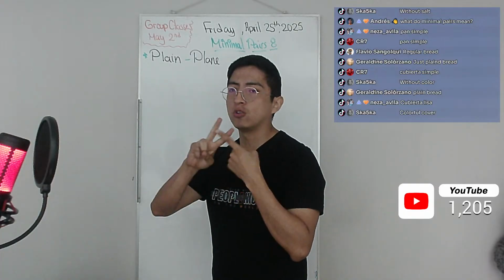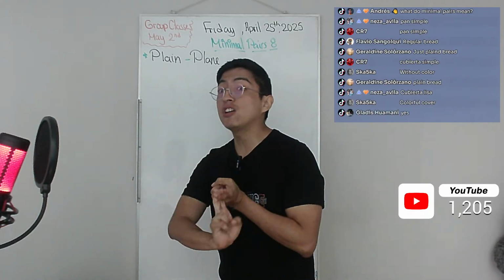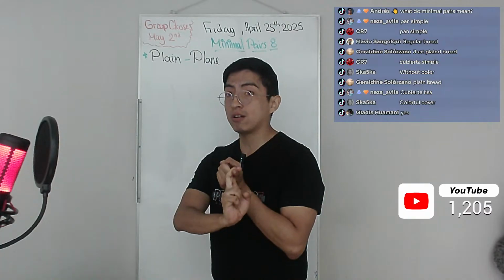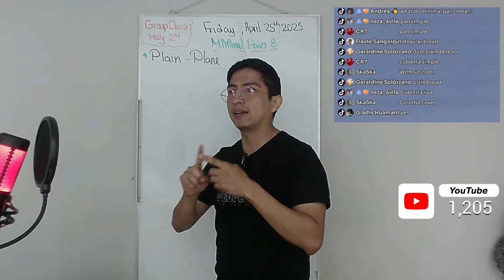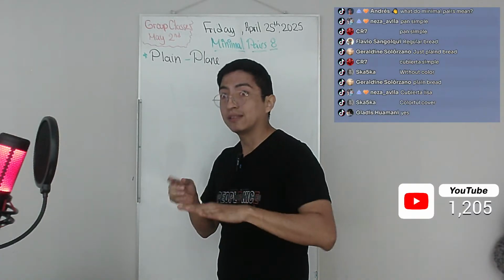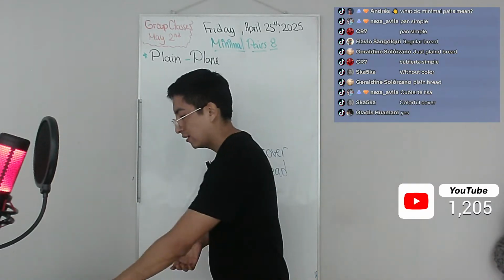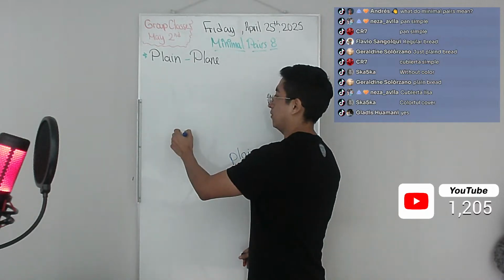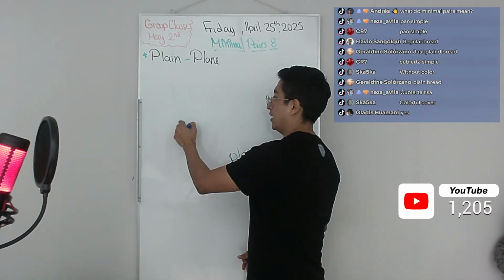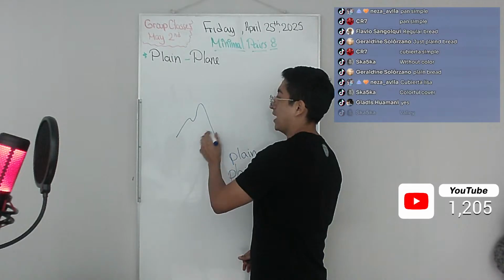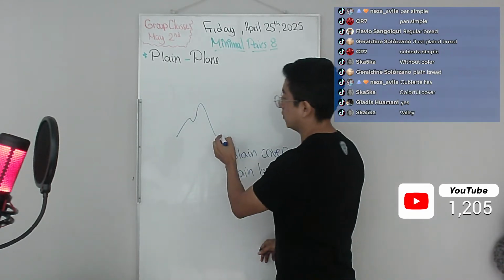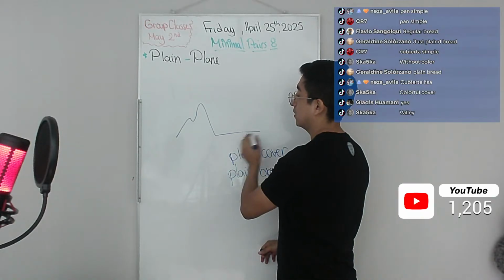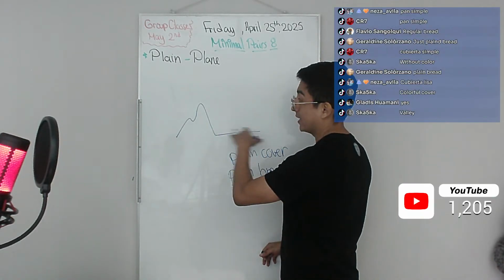Meaning number two, we're talking about geography. Plain in this case is a land that is flat. So in the case of geography, we can say that a land, for example, has a lot of mountains, but there is also a part that is plain.